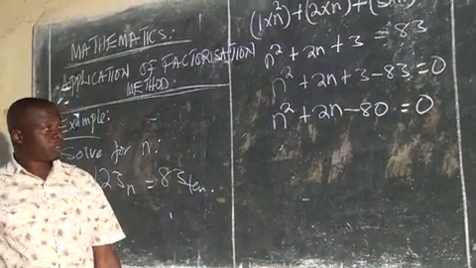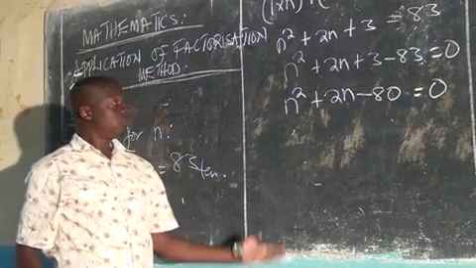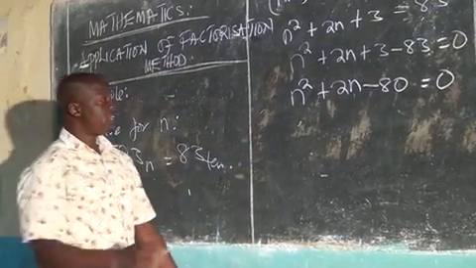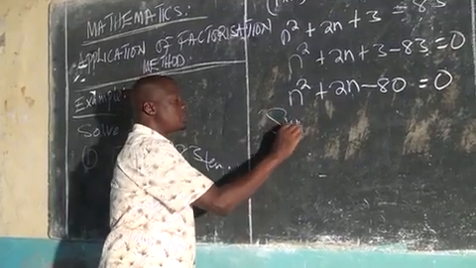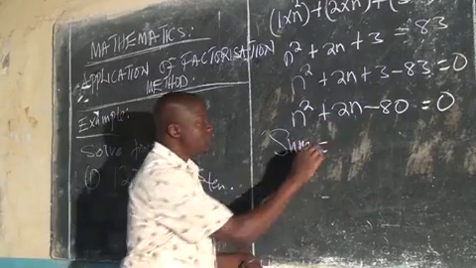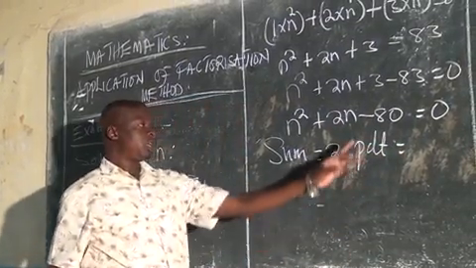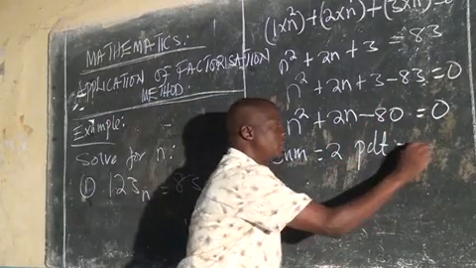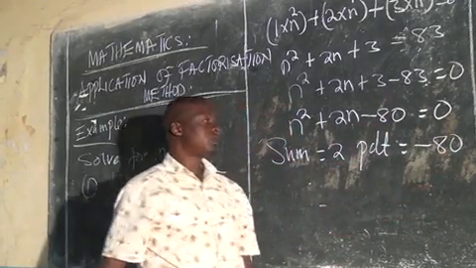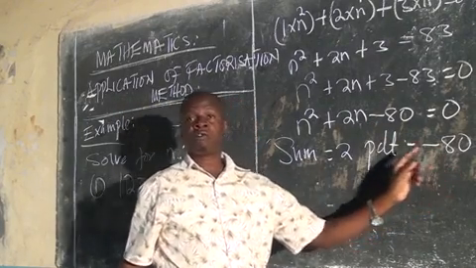It is a quadratic equation. I want us to use the factorization method to find the value of n, so we are supposed to identify the sum and the product. Our sum is 2. Then the product is negative 80. Dear learners, our product is negative 80, but not positive 80.